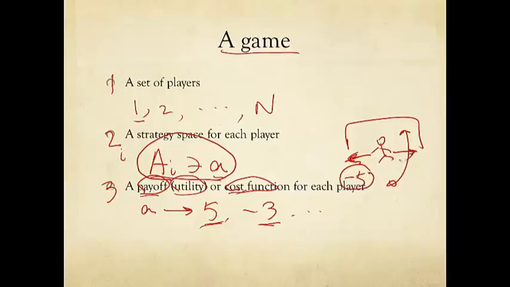Whereas if you catch it, then you will get a reward of, say, 10. So that is the function that maps the strategy that you choose to a number. Of course, it's determined in part by your decision, but also in part by whoever is kicking the ball. So there comes the coupling of everybody's strategy. Your strategy and her strategy together determine the outcome.